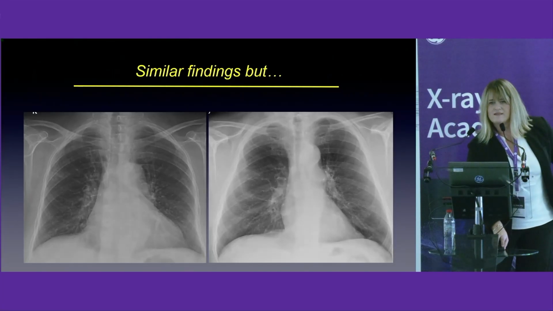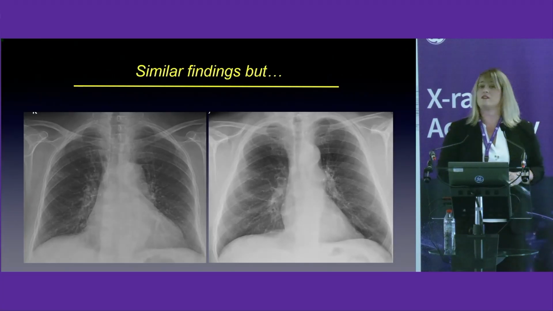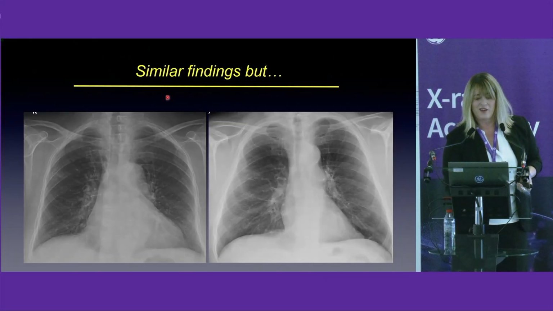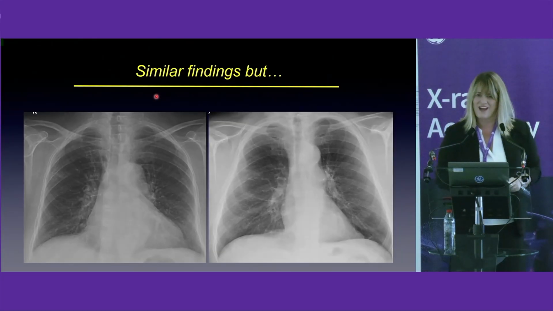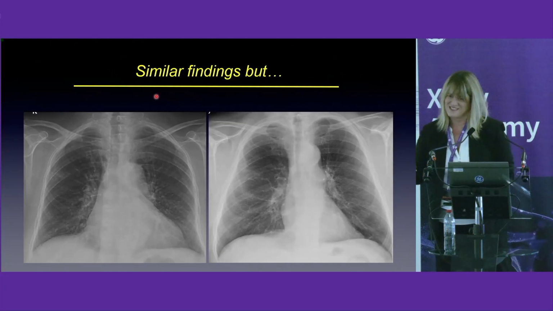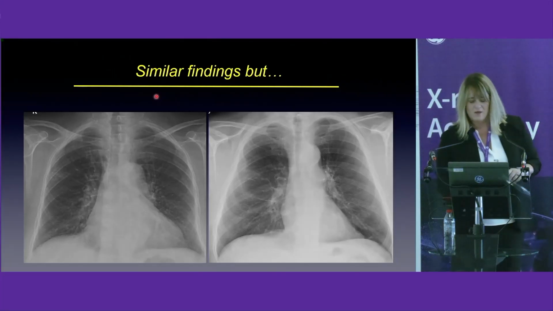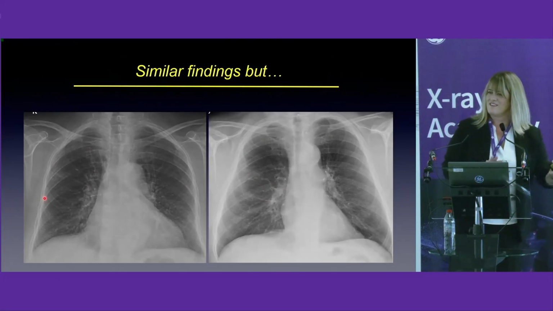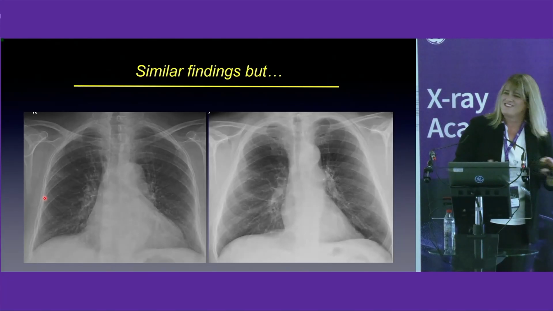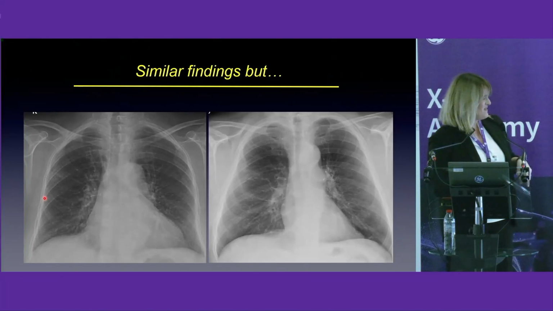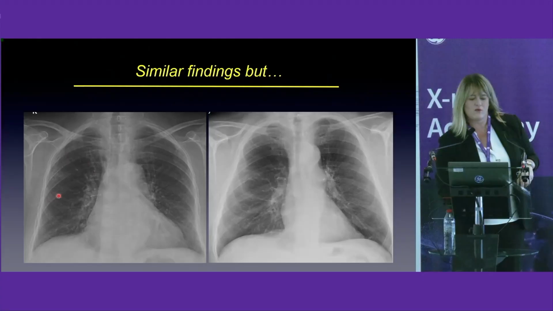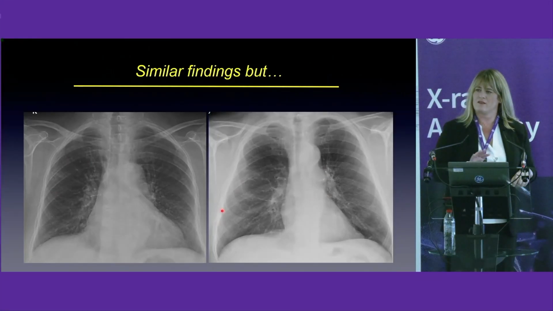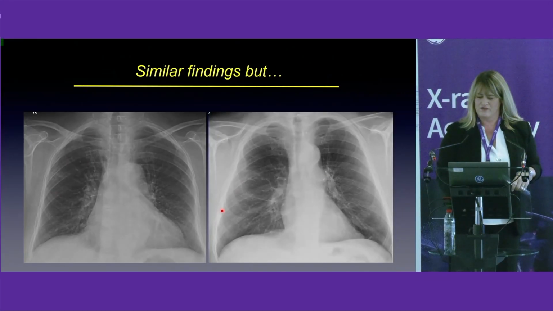Take a look at this. Two different patients. I called this topic similar findings but different results. Why? Because take a look at this and this. I was lucky enough that this opacity was in the same right side of the patient. So we have a smooth opacity, middle area of the lung.